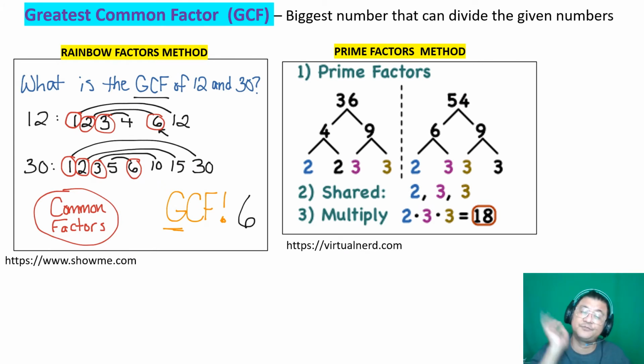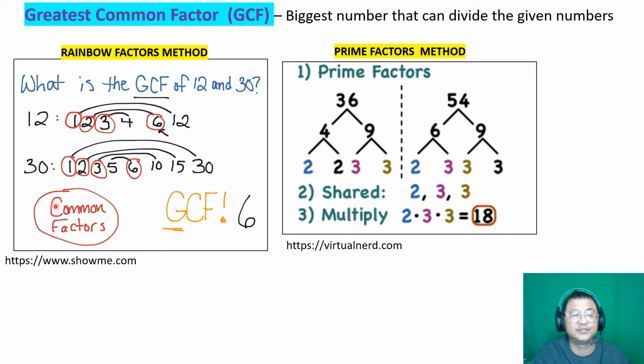So I repeat, it's the opposite of distributive property. So let's start first with greatest common factor. This is an elementary lesson. The greatest common factor is the biggest number that can divide the given numbers. So we've learned the rainbow factors method and the prime factors method. You've learned this in the past. So the factors of 12, you make those rainbow: 1 times 12, 2 times 6, and then 3 times 4. What else?